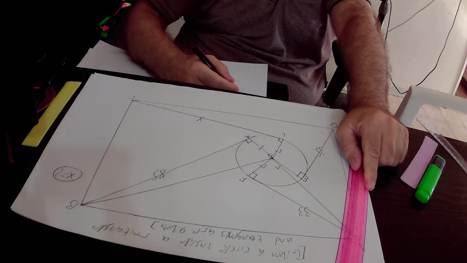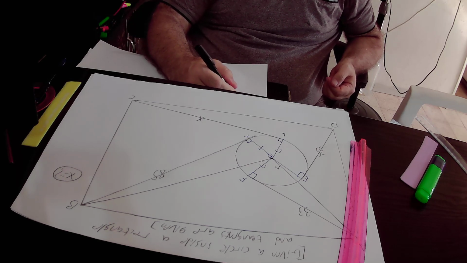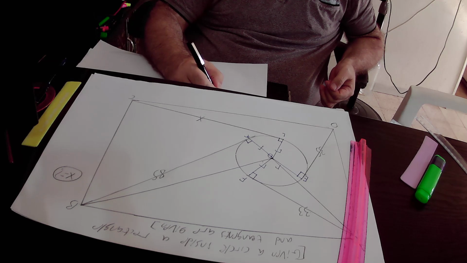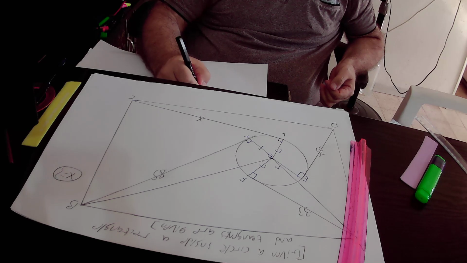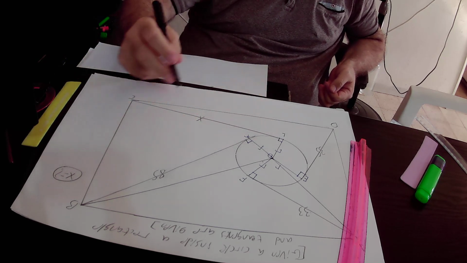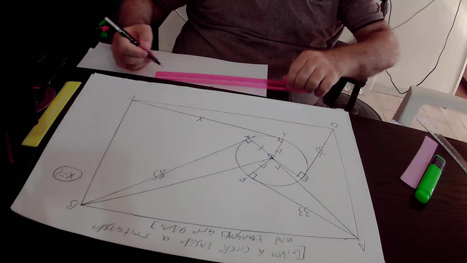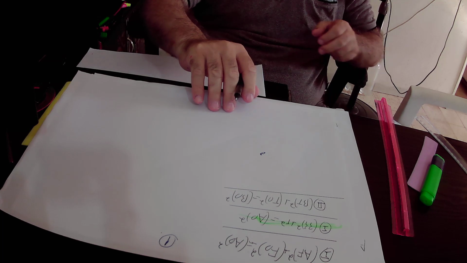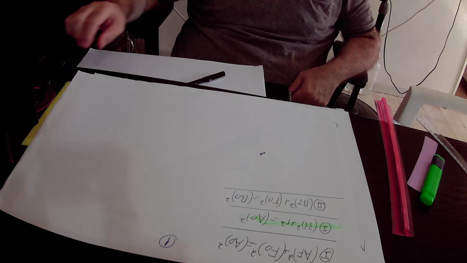In this right triangle, triangle BTO, according to the Pythagoras theorem, BT squared plus TO squared equals BO squared. Repeating again, in the right triangle BTO, according to the Pythagoras theorem, BT squared plus TO squared equals BO squared.